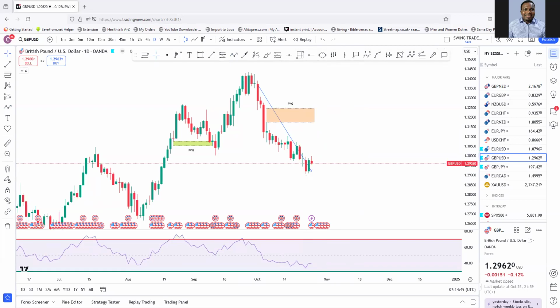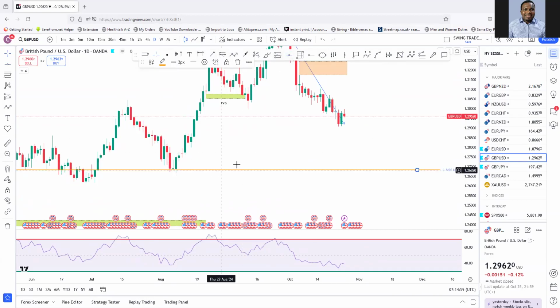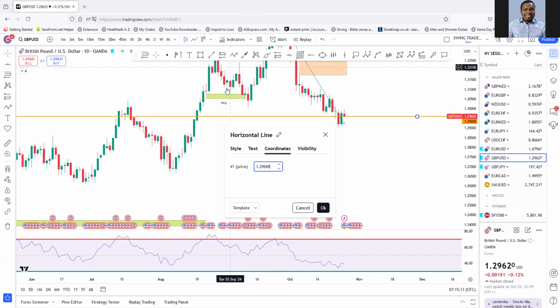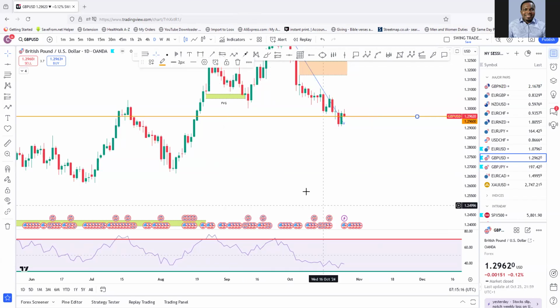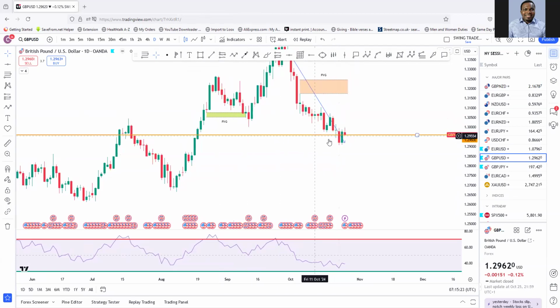There is a support level I want you to notice. Let me create that support. The support level is 129.60. 129.60 is a current support level that price is creating rejection on.